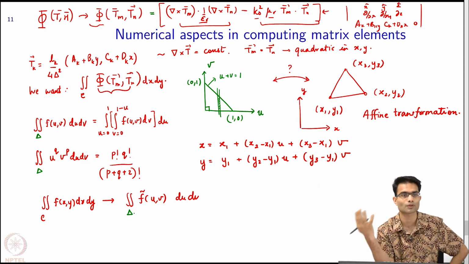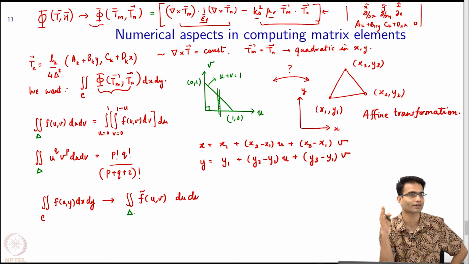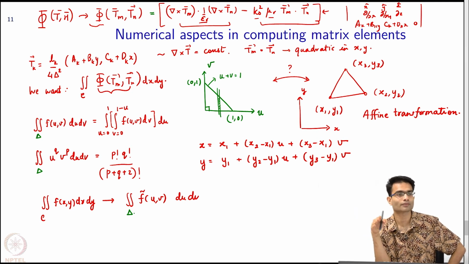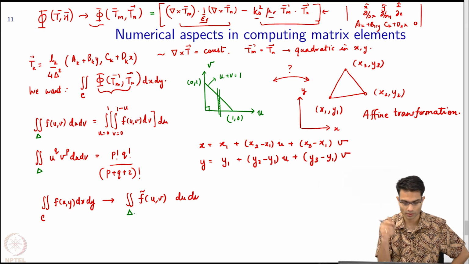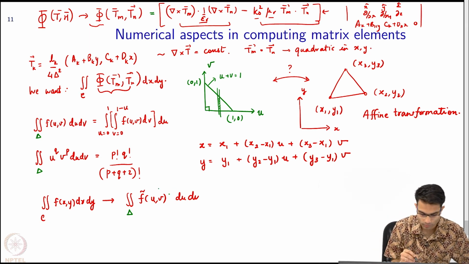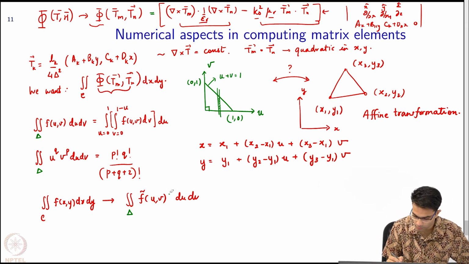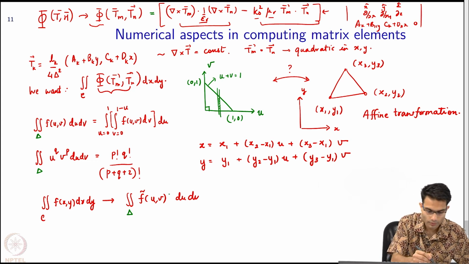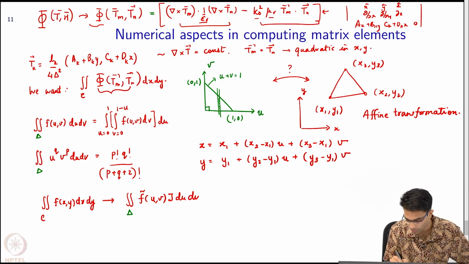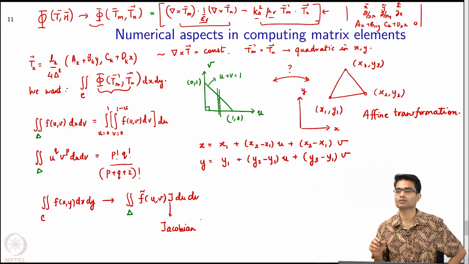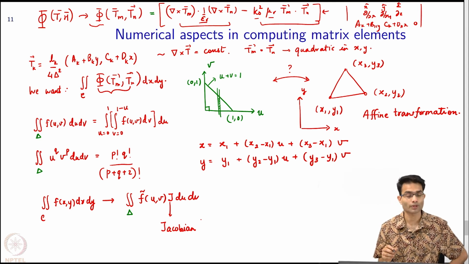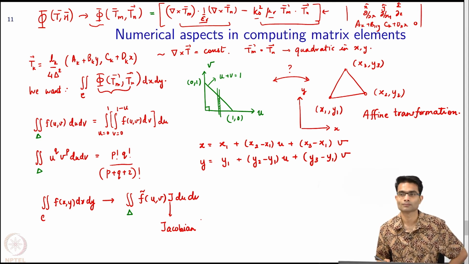The Jacobian of the transformation, right? That Jacobian term is what will come in over here. The simplest so-called idiot check you can do is put f of x, y equal to 1.